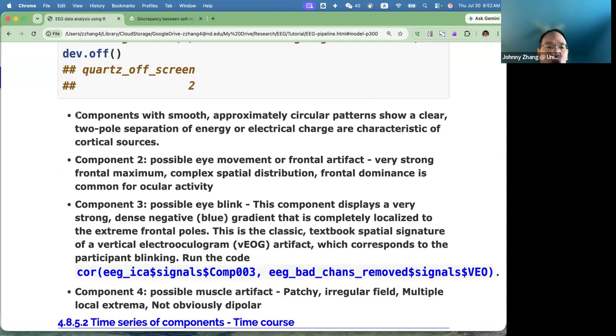In general, components with smooth circular patterns that show a clear two-pole separation of energy are characteristic of neural sources, which means they could represent valid neural information.